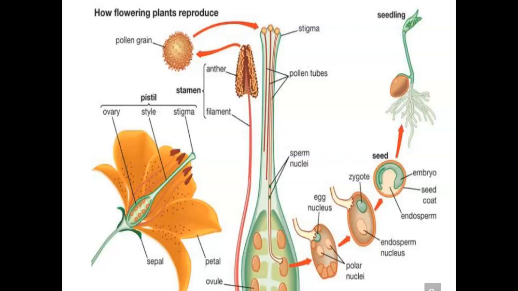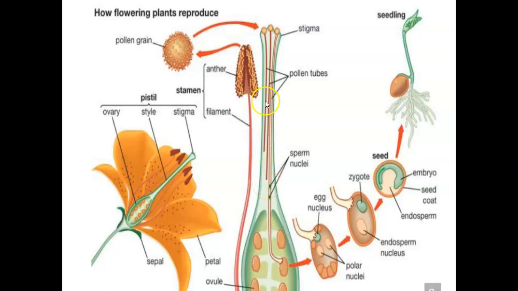So what's going on with flower reproduction? How does that happen? Well, it's kind of a two-step process. We have pollination happening up here. The pollen grains hit the sticky stigma, and that stimulates a growth of pollen tubes down the style of the carpel or pistil.